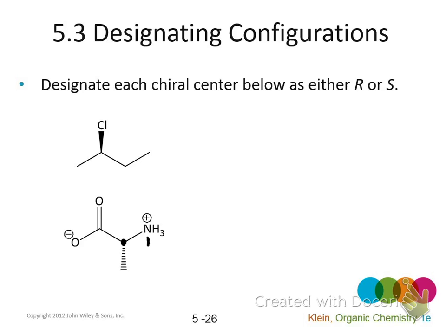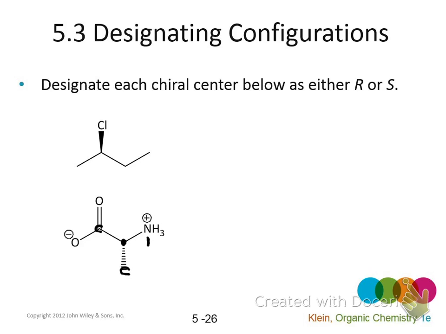Now I have two carbons, right? There's a carbon here, and there's a carbon here. Which carbon gets higher priority? The question is, isn't O higher priority than N? But you go by the thing that it's directly attached to.